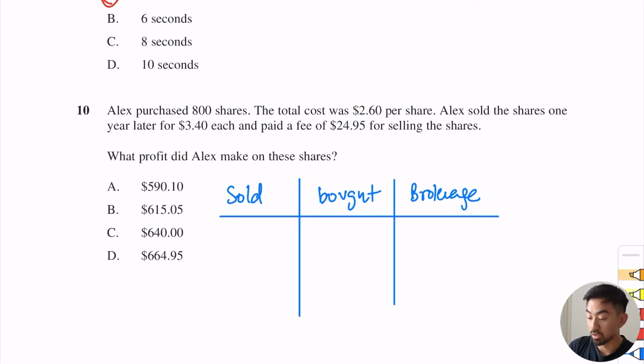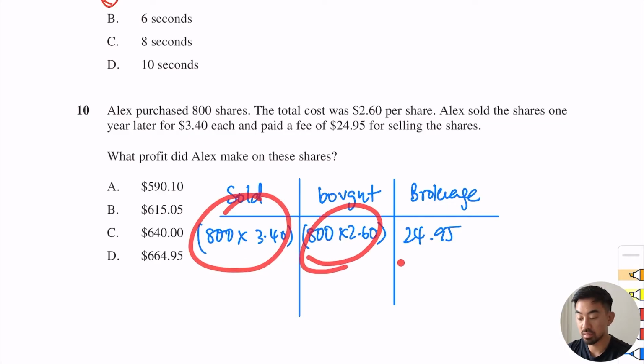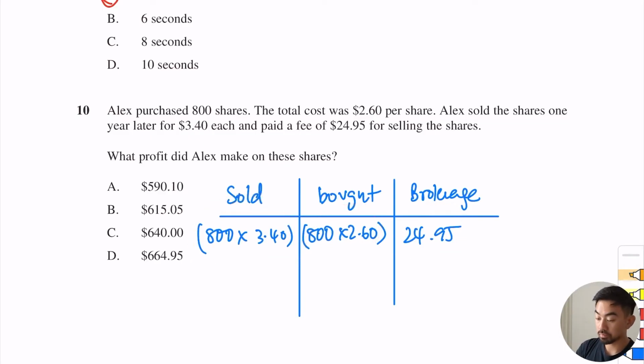So I'm basically going to work out what he sold it for. So he's got 800 and he's selling them for $3.40 each. He bought them for $2.60 and the brokerage is $24.95. So what it's going to be is that, take away that, to work out his profit. Okay, so let's work that out.